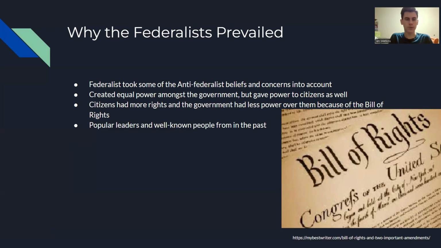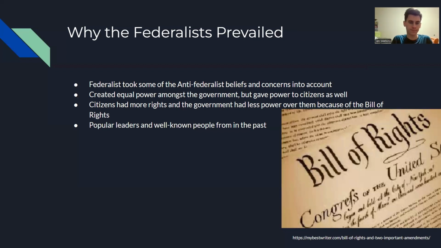That was a really big reason, because if they didn't, it could have been that the Anti-Federalists won and we wouldn't really have as big of a government, or the government we do now. The Anti-Federalists didn't really say, hey, we should have big governments and checks and balances. But the Federalists said, hey, we should have big government and checks and balances, but we'll take some of your ideas, like the Bill of Rights, and we'll integrate them with ours.